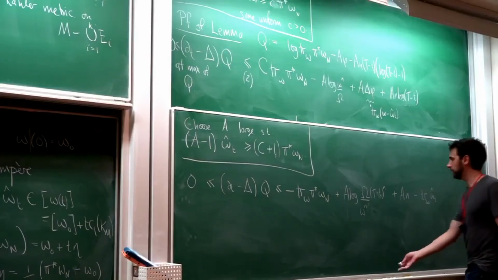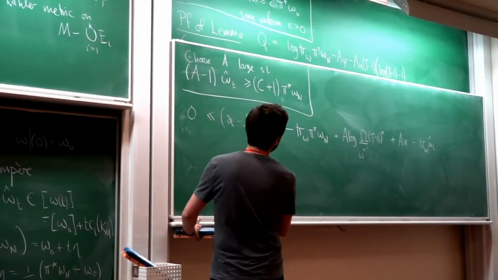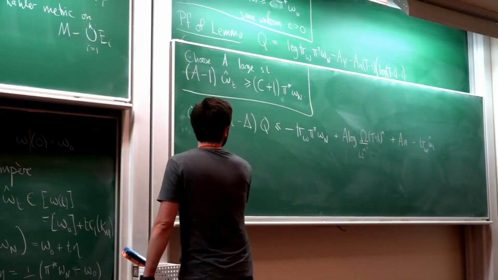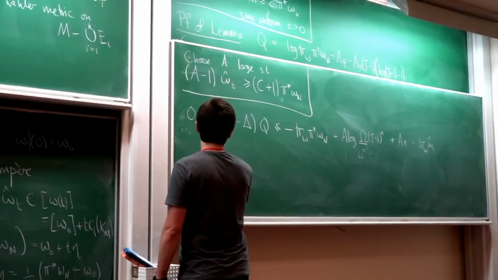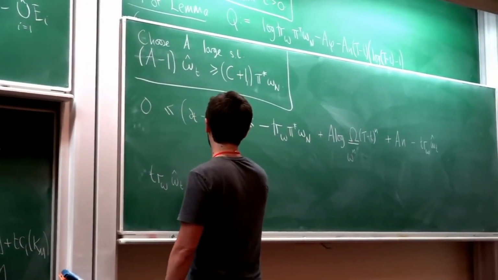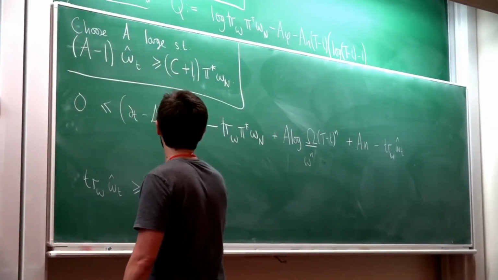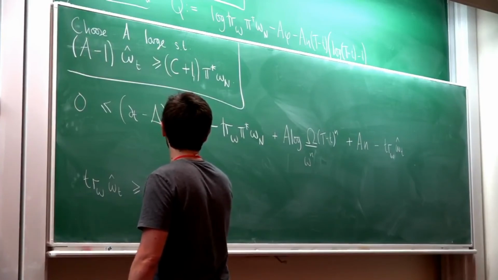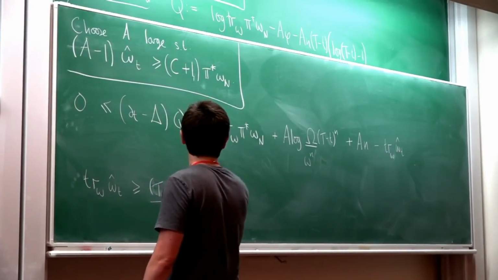And that's not difficult to see, because notice that this trace with respect to omega of omega hat t is bigger than t minus t over capital T times the trace with respect to omega of omega naught.